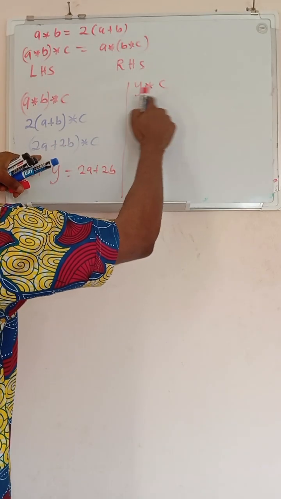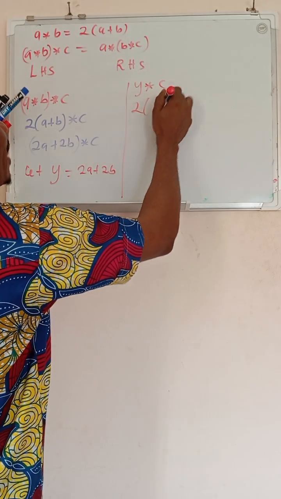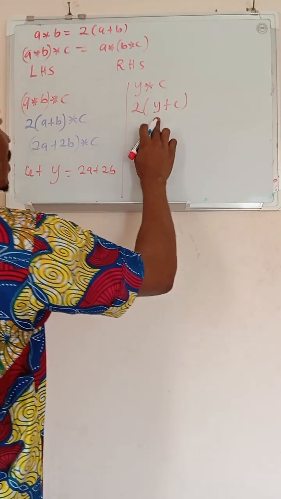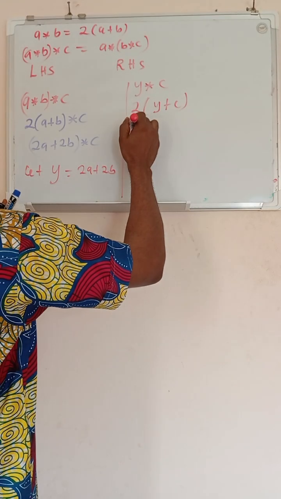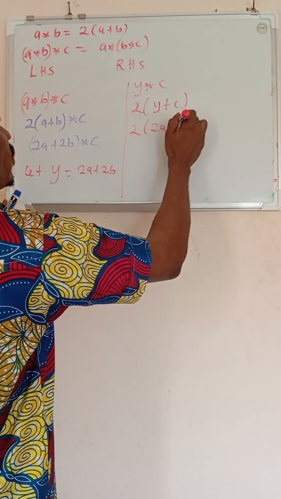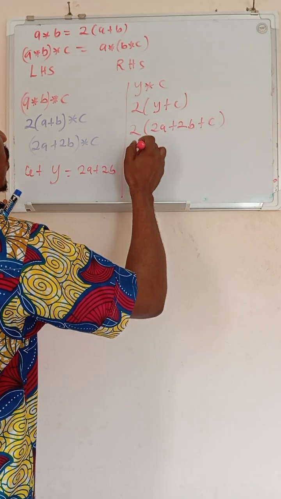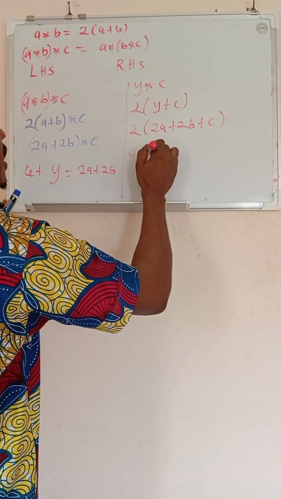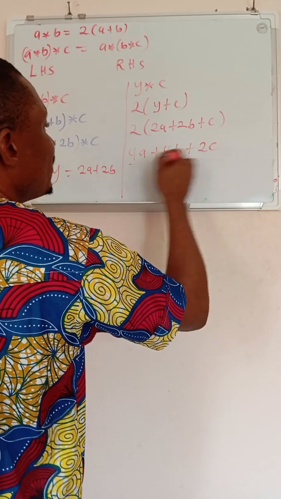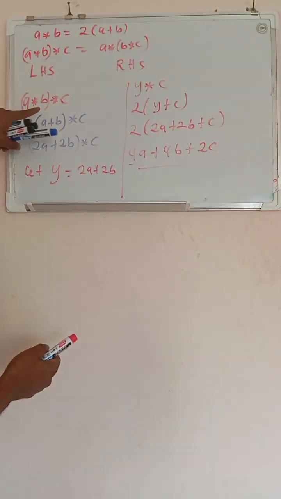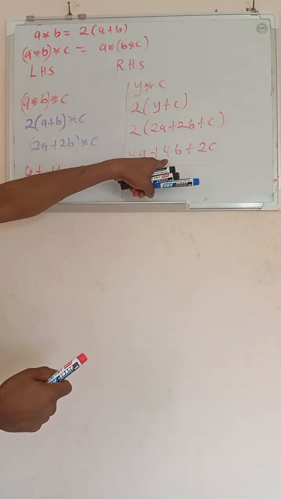Expressing it again, this is 2 into (y plus C). What is our y now? Our y is 2A plus 2B, so we place it: 2 into (2A plus 2B plus C). Open this bracket and you have 4A plus 4B plus 2C.